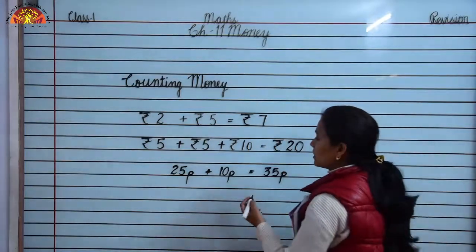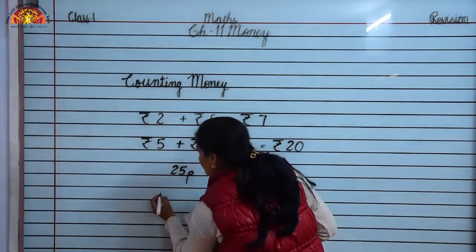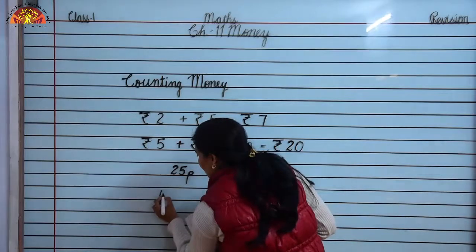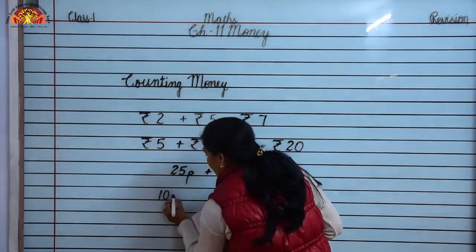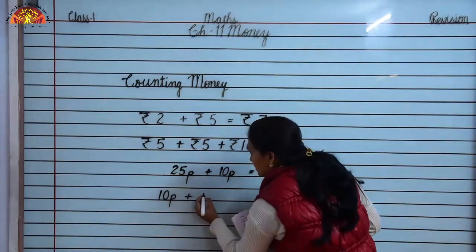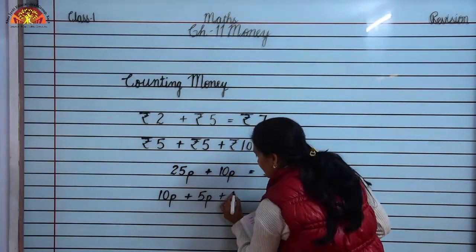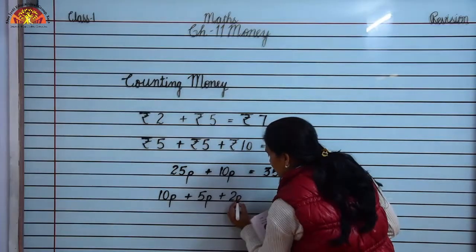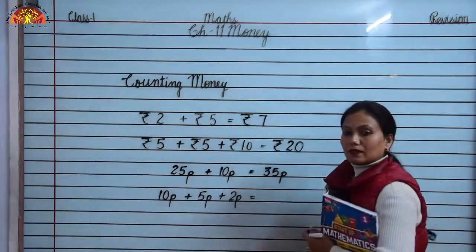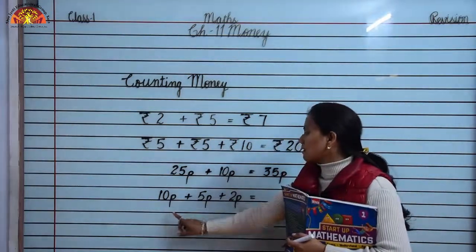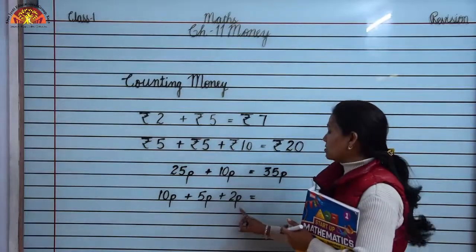Now one more example. Here we have to add 10 paisa plus 5 paisa plus 2 paisa.